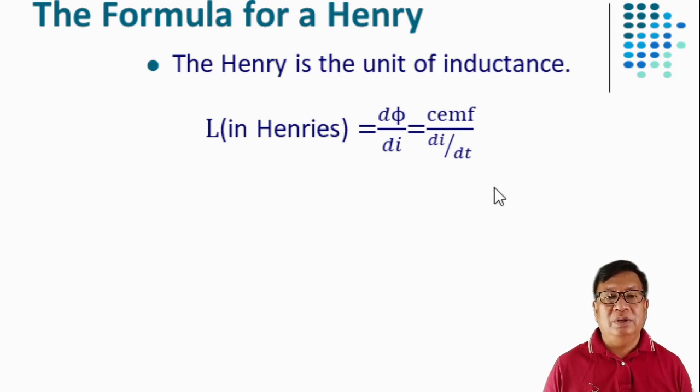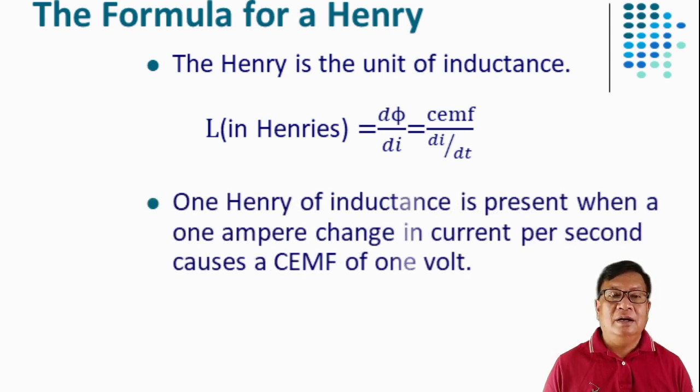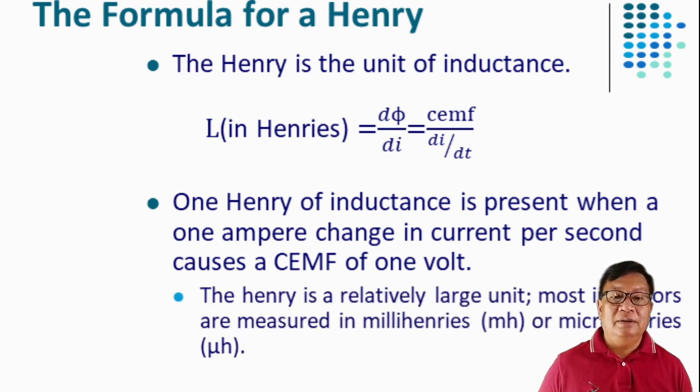Tsaka this is with respect to time, or dI/dt, the rate of change of our current with respect to time. So 1 Henry of inductance, ito po yung conclusion natin, yung generalization natin: 1 Henry of inductance is present when an ampere of change in current per second causes a counter electromotive force of 1 volt. Ito po yung generalization natin.